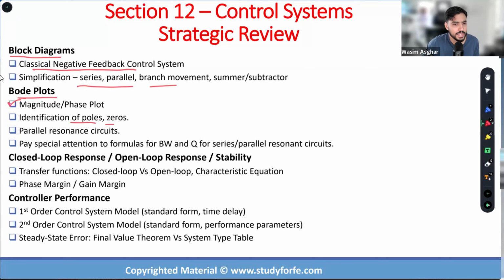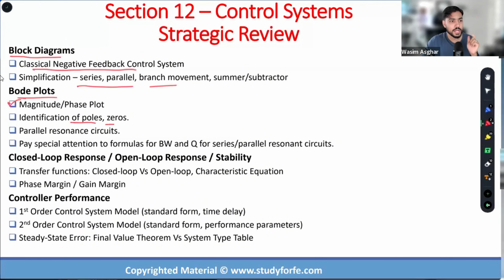So when we are dealing with Bode plots in the context of filters, if you guys remember, when we were encountering the active filters, we were dealing with the 3 dB frequency. So that is an example of application of Bode plots that we saw earlier in the context of resonance, in the context of creation of filters, first order filters, second order filters. It has to do with zeros and poles.